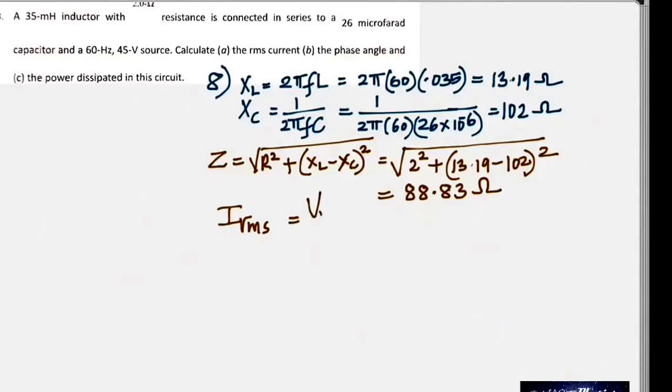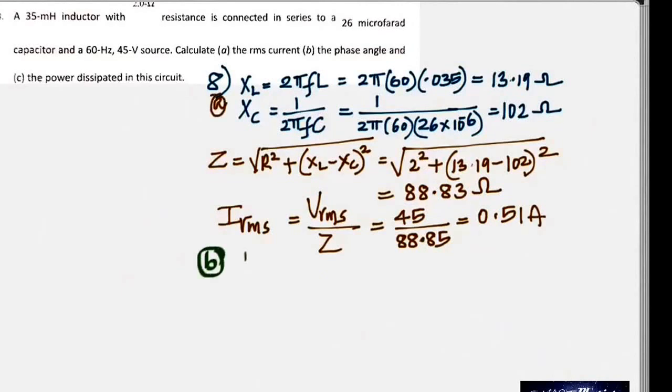And the RMS current is the RMS voltage by impedance. What is given is the RMS voltage, so you just have to divide. You get 0.51 ampere.